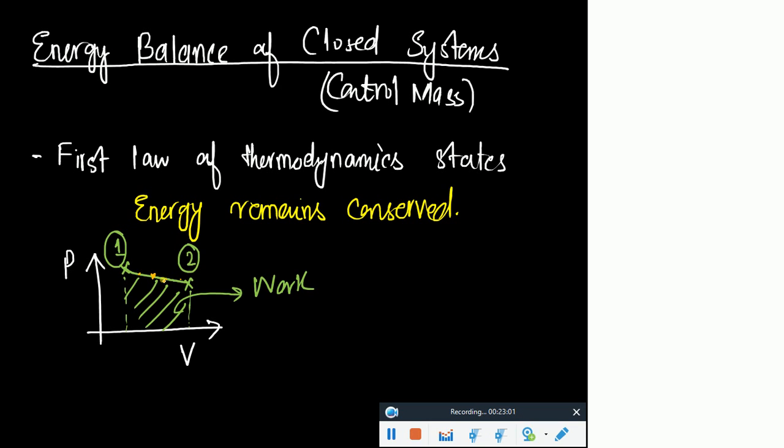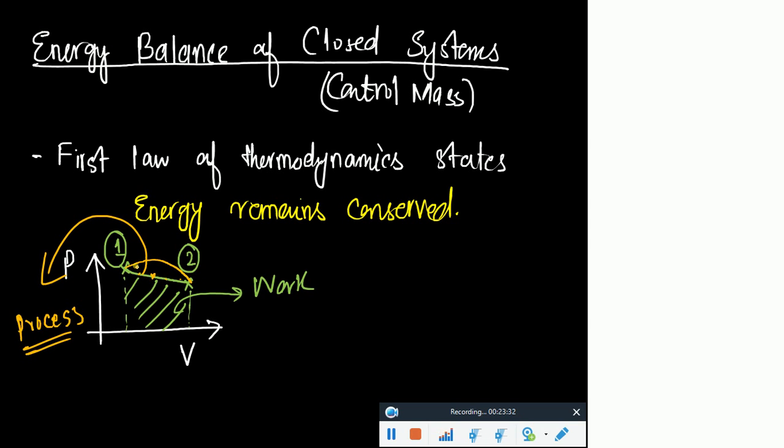Now if I say that this curve is defining a process the system has undergone. Now if I go from this equilibrium state to this equilibrium state by some other process, let's say this system has gone from this to this state through some other process which is shown by this yellow line.